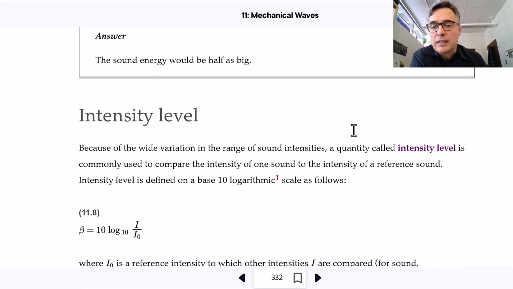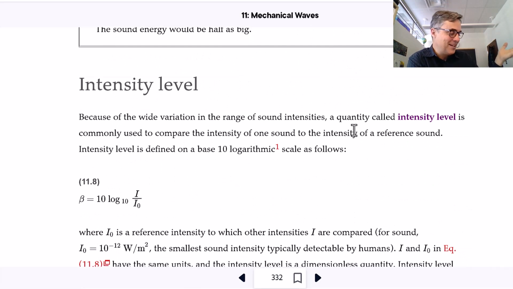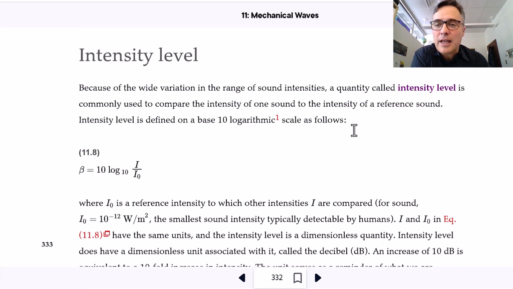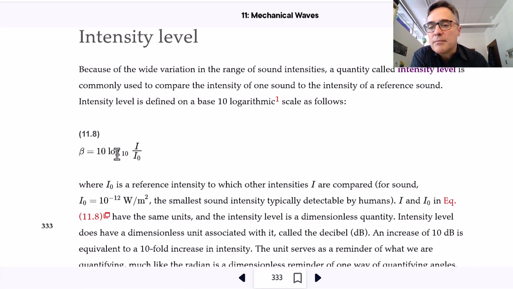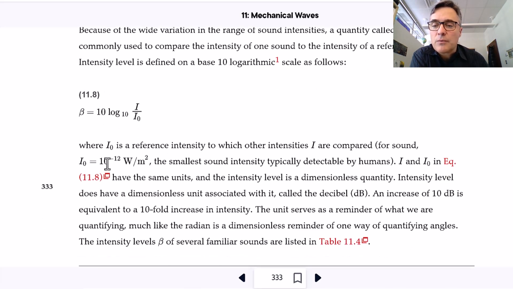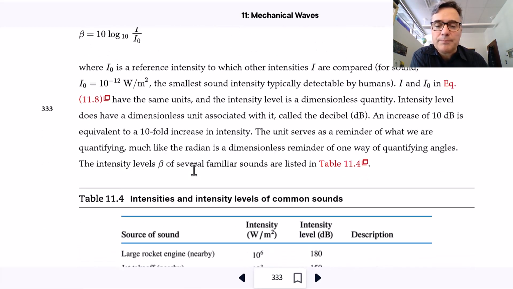This is what leads us, and I'm still in section 11.7 here, sorry about that, to intensity level, this new thing, beta, which is 10 times the logarithm, base 10, of intensity divided by some reference intensity. The reference intensity is this 10 to the minus 12 watts per meter squared.